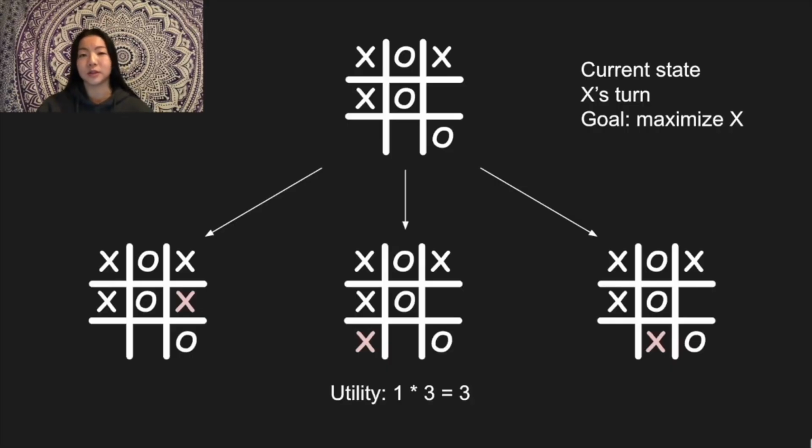Now let's talk about this utility function for a little bit. Since we want to win, we want our utility to be positive since this is a positive value to us. Now, in addition, I have this factor of 3 because I want to win in as little steps as possible. So how I got this number is I took the remaining squares on the board and added 1, so that if you did win, you still ended up with a positive value and not 0.